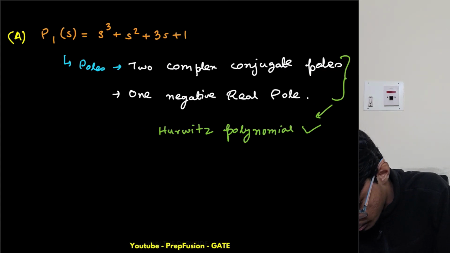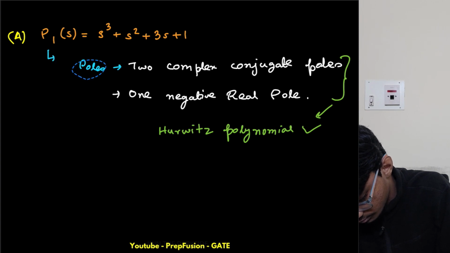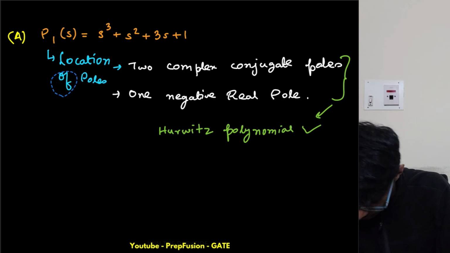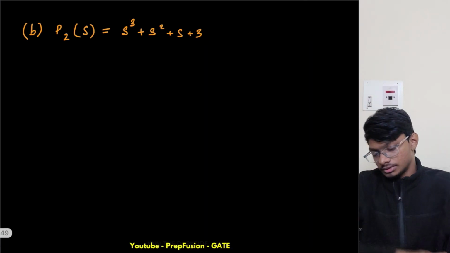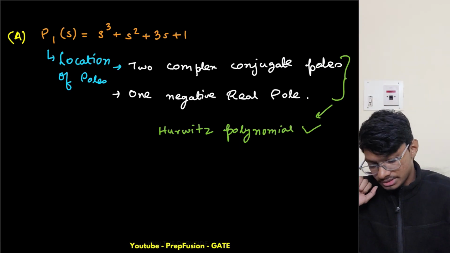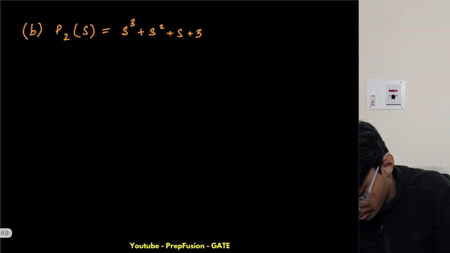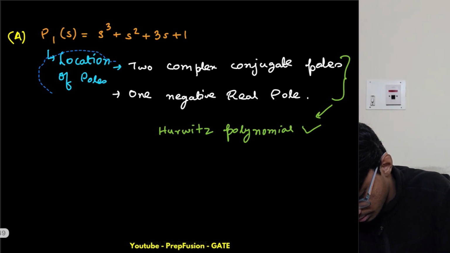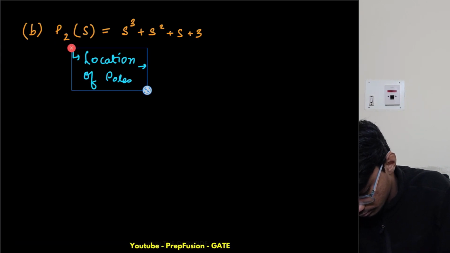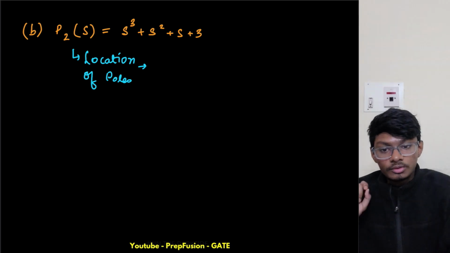Let me write the location of poles. What are my pole locations in this case?